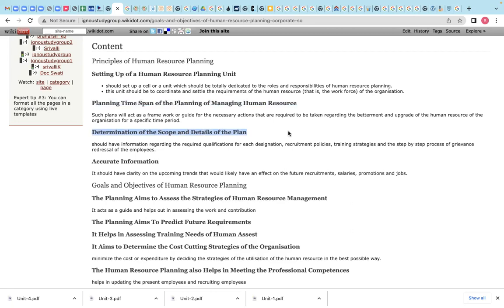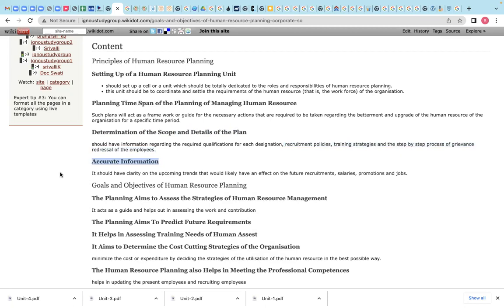The next principle is determination of scope and details of the plan. Now you have a plan, and you need to go into the details of that plan. For each of these plan items, it should talk about the step by step process that needs to be executed. Things like recruitment policies, training strategies, and how exactly grievances need to be addressed. All these things would be part of the plan.